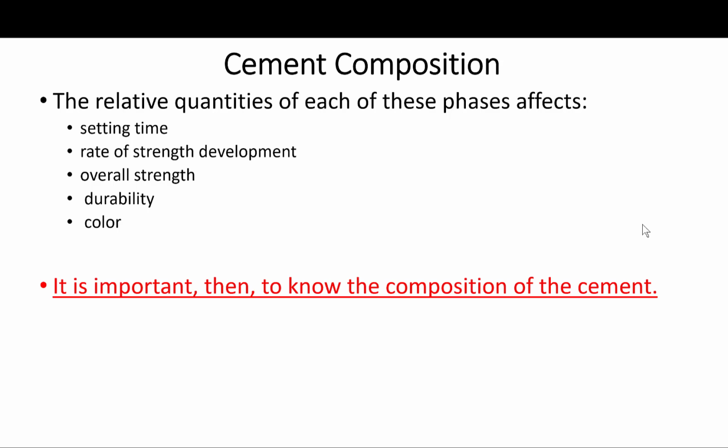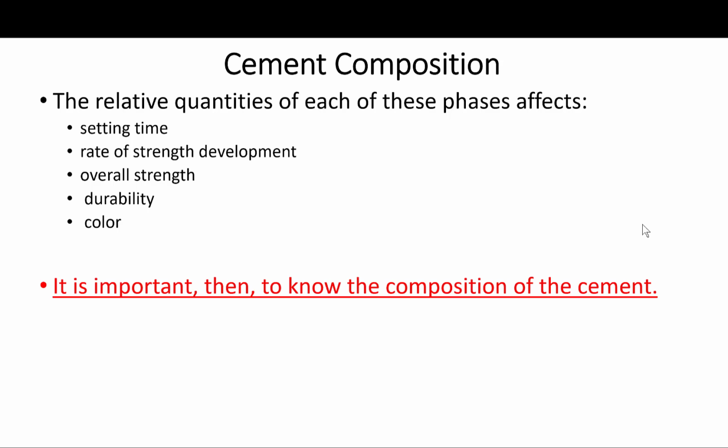As I mentioned, the C₃A, for example, sets very quickly. The percentage of C₃S will impact the early strength gain. So setting time is impacted, the rate of strength development, the overall strength, durability, and again, just keep in mind the C₃A and its relation to the sulfate attack, and the color.